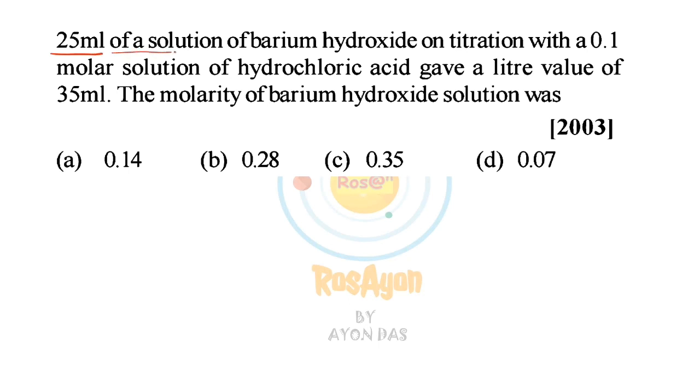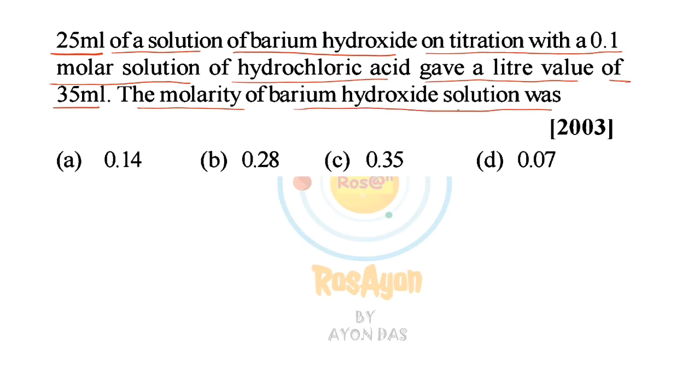25 ml of a solution of barium hydroxide on titration with 0.1 molar solution of hydrochloric acid gave a titer value of 35 ml. The molarity of the barium hydroxide solution was.